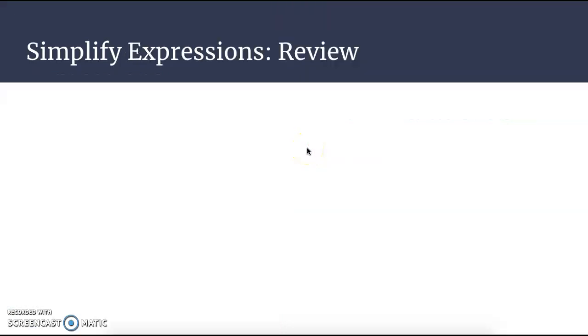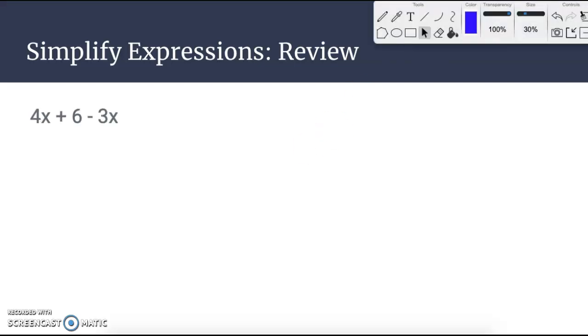Okay, we're going to start with a quick review of what we've learned about the last 2 weeks and talk about why these expressions are now in simplest form. So in the expression 4x plus 6 minus 3x, this is not currently in simplest form because I see like terms.